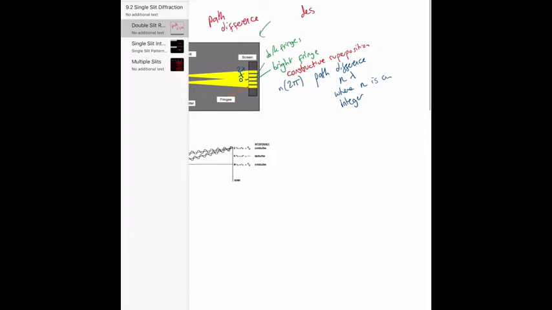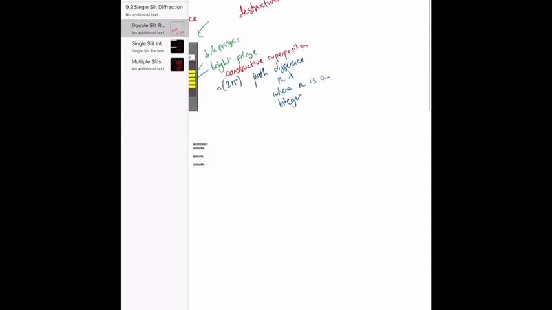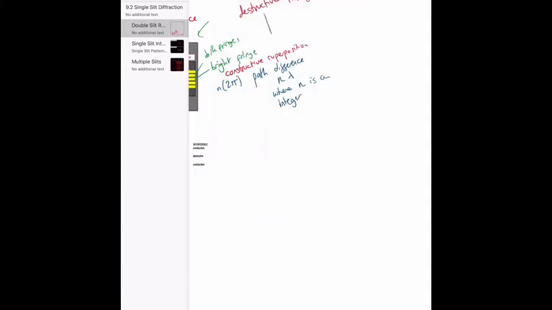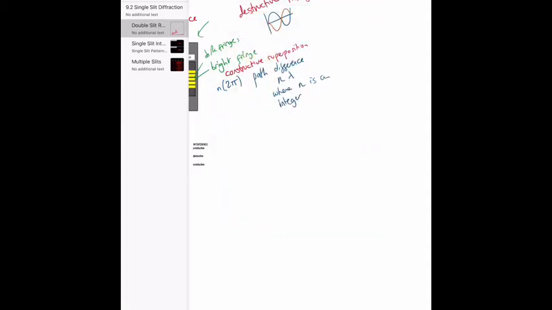With the dark fringes, on the other hand, we're going to have destructive interference, and so those waves are arriving in antiphase. If we think about the phase difference when it's in antiphase, measured in terms of pi, they're arriving half a wavelength apart. So there's one wave, there's the other wave. These are in antiphase.